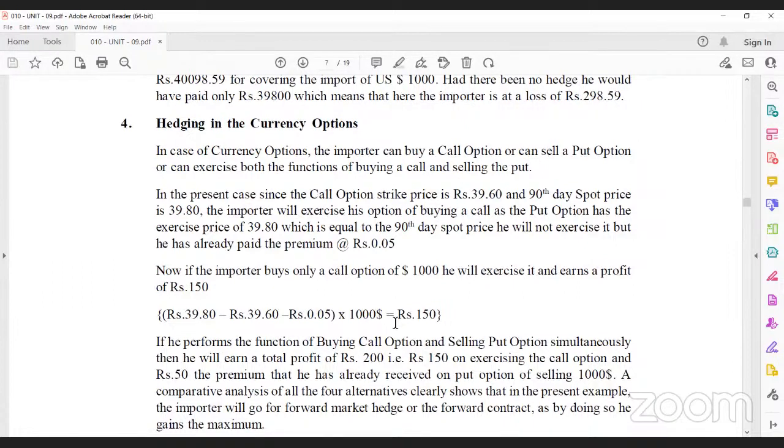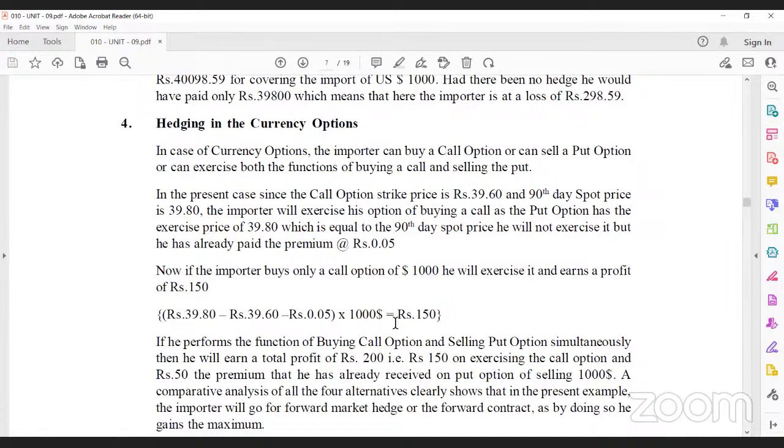Now with this, buying a call option and selling a put simultaneously is able to make a profit of 200. That is rupees 150 on exercising the call option and rupees 50, which is the premium already received on the put option.